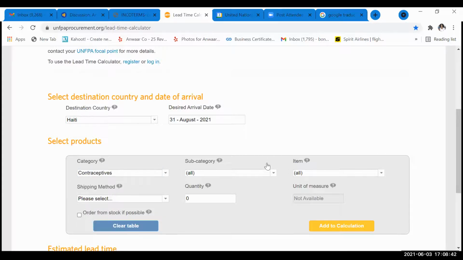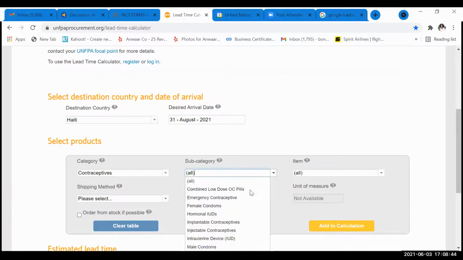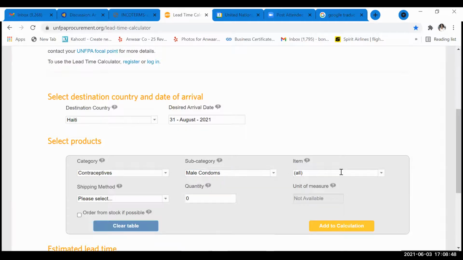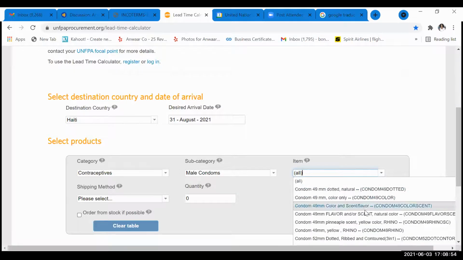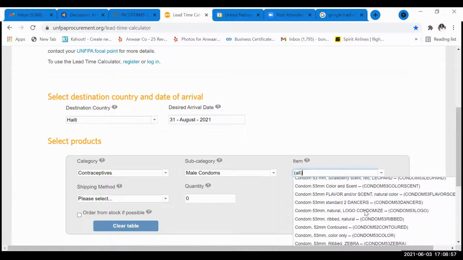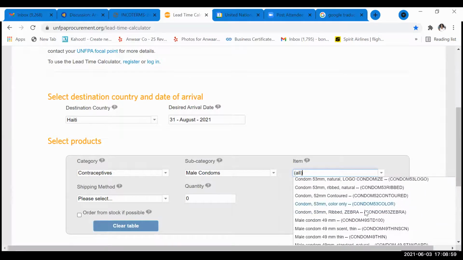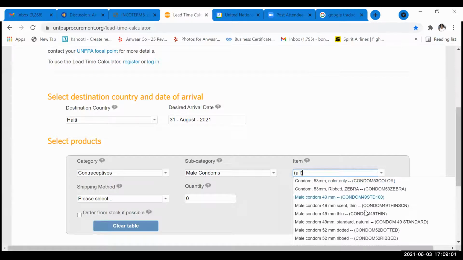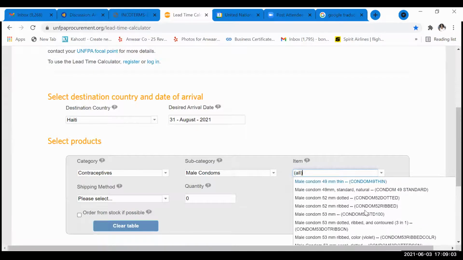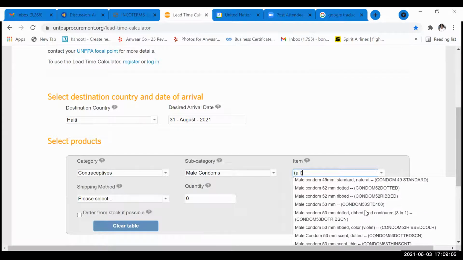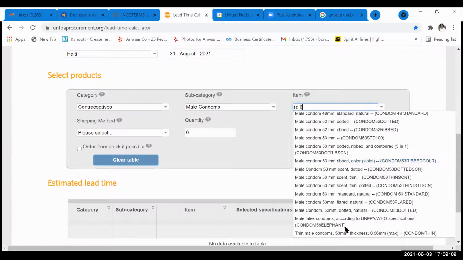I'm choosing the contraceptives, and for this one it should be male condoms. For the items field, it is a specific condom. So usually we choose the standard, 53 mm.